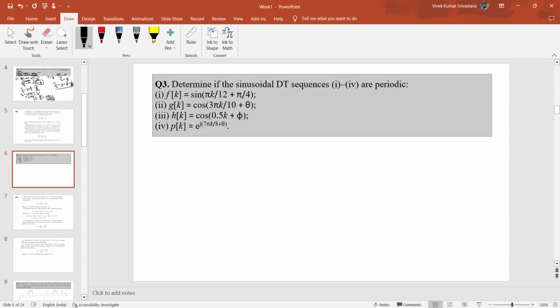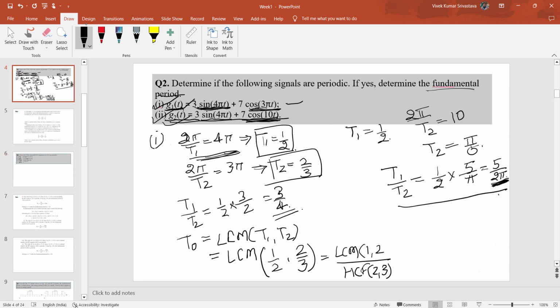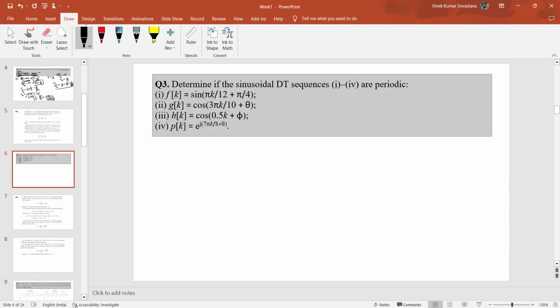So here is another problem. In the previous problem we saw how to determine the periodicity of any continuous time signal. Here the signal was continuous time, but in the next problem we are focusing on discrete time signals, which are represented as f of k.